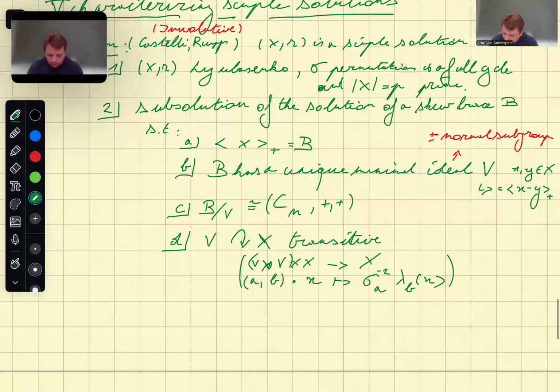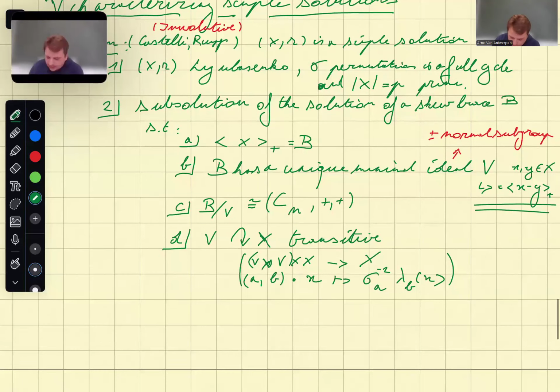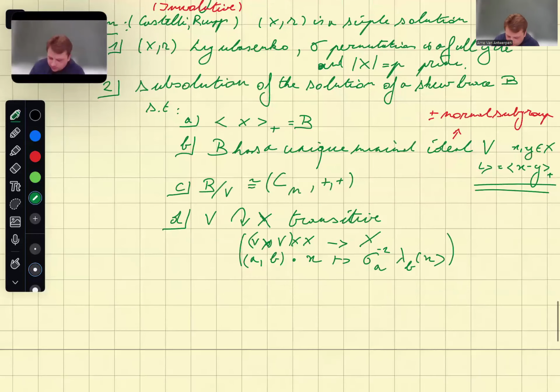Well, another thing is that this V, you can also explicitly say what it is. For that, you need a little bit more notation for particular elements, namely for the elements which we denote by a star b. It's a new operation, because two operations in skew braces is not yet enough. You take a star b equal to minus a plus a circle b minus b.